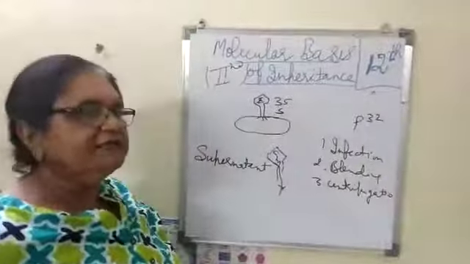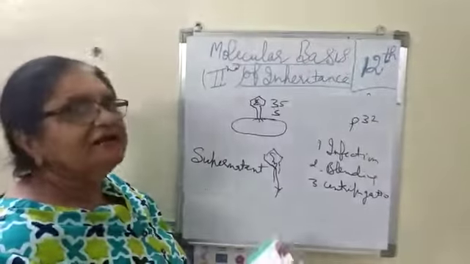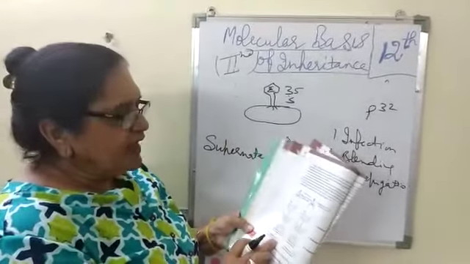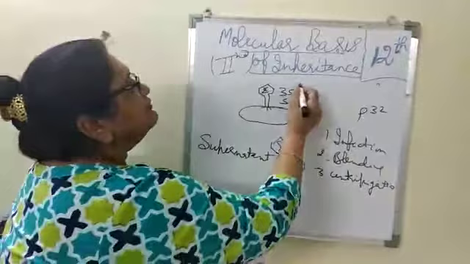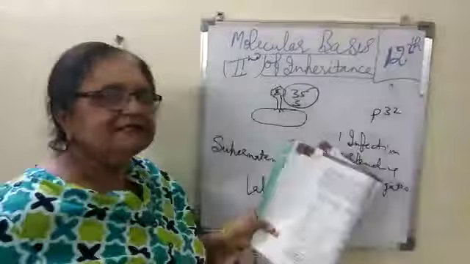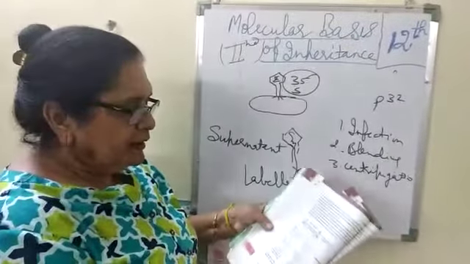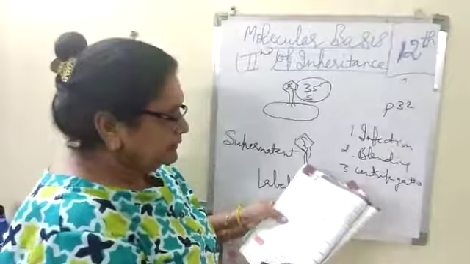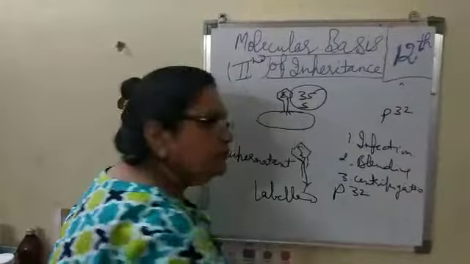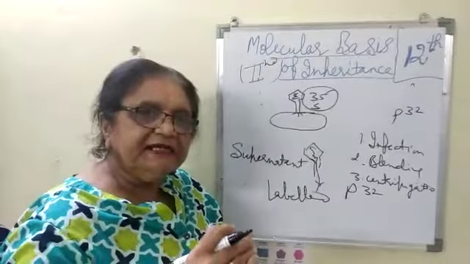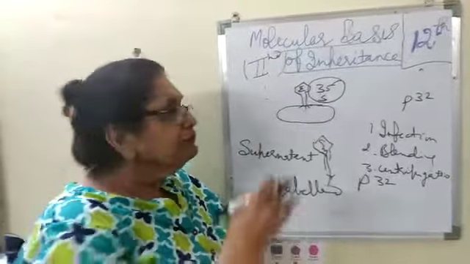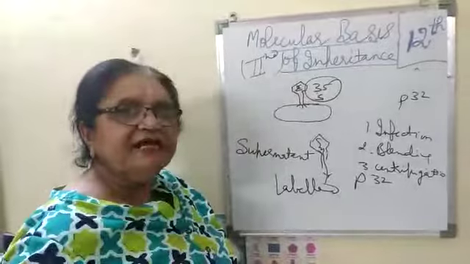The genetic material which enters the bacteria starts replicating. So the labeled S35 was not found in the new viruses, but radioactivity was found in the second case, P32.